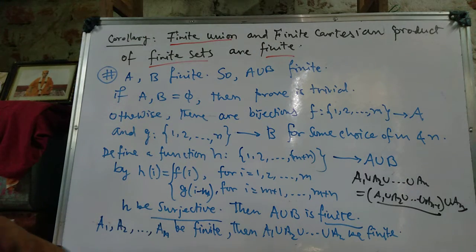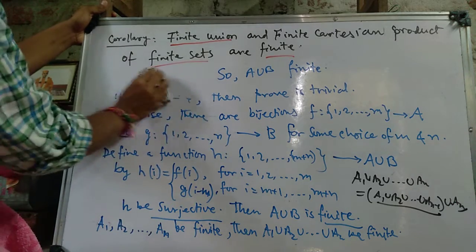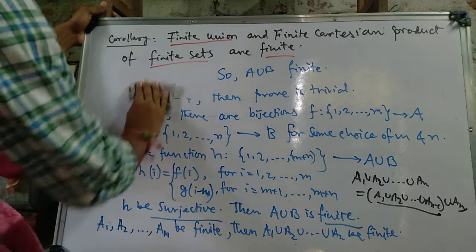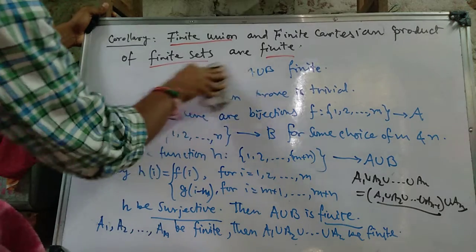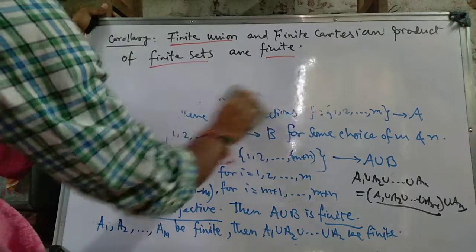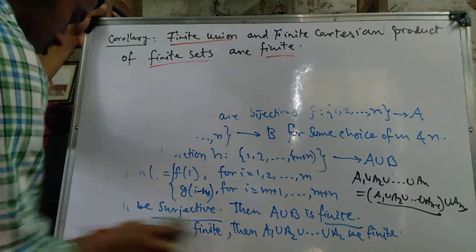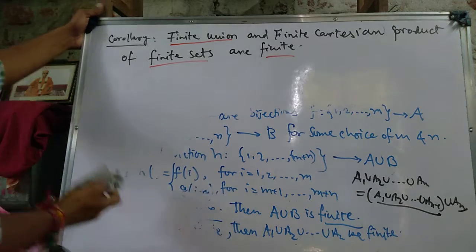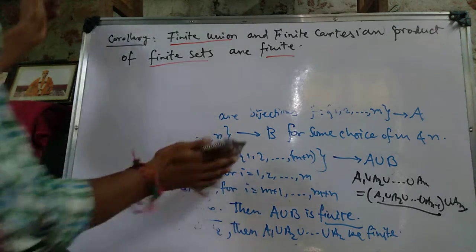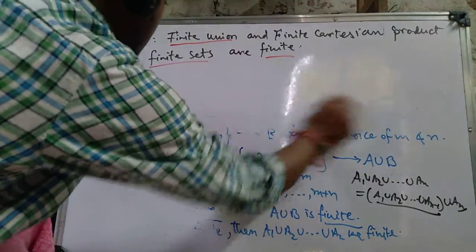Okay, this is proved. Now we are going to Cartesian product. A finite Cartesian product of finite sets is finite. We have to prove that. So we erase these things.